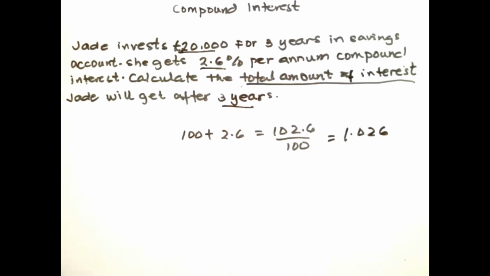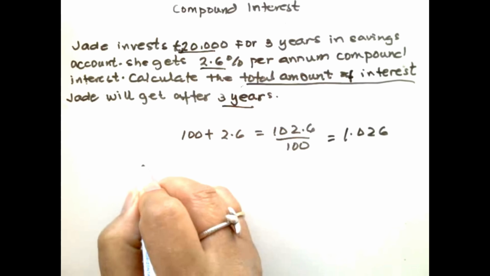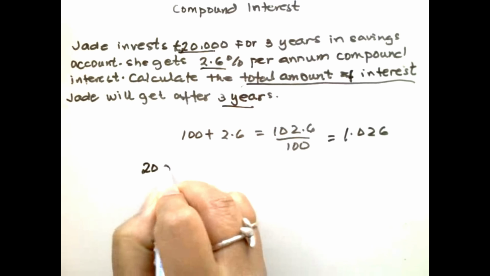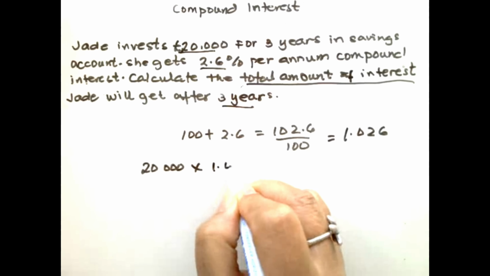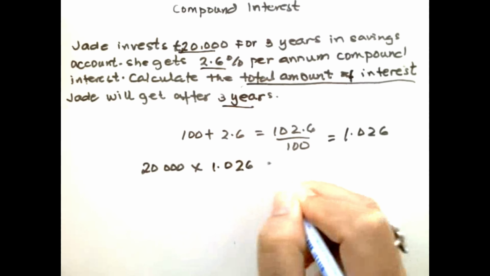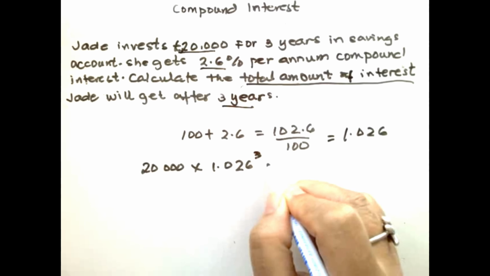Now we're going to calculate the amount of money after 3 years with the compound interest. So we have 20,000 pounds times the multiplier 1.026 to the power of 3.